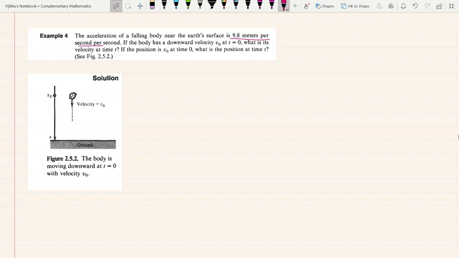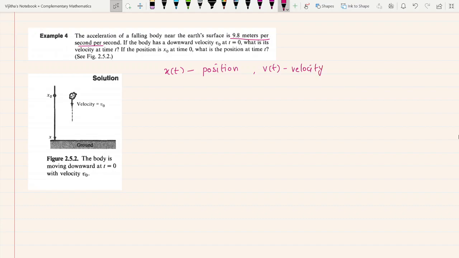So here we will measure the position x in the downward direction, and suppose that v is the velocity. So x of t represents the position, and v of t is the velocity at any time t.